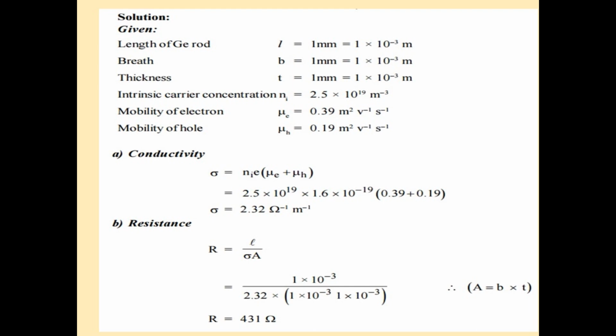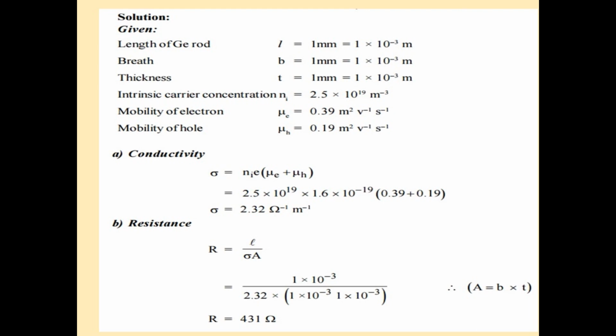First of all, I calculate the conductivity, sigma equal to Ne into mu E plus mu H. Substituting the values, sigma equal to 2.32 ohm inverse meter inverse. In lower standards, you know that R equal to rho L by A, where rho is specific resistance or resistivity.